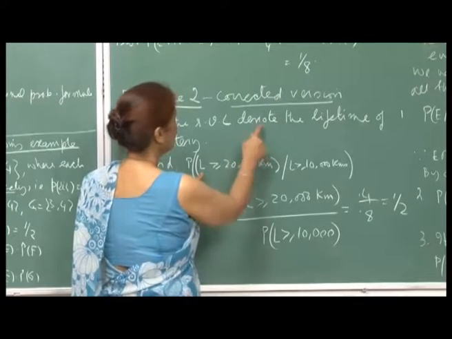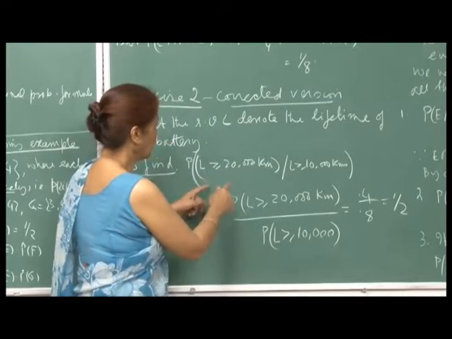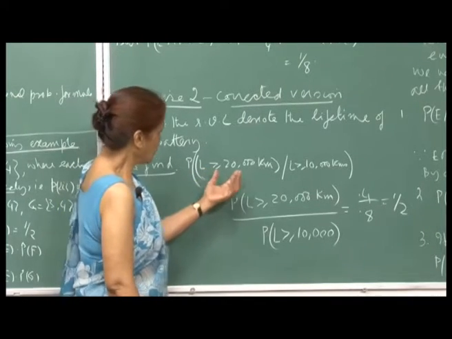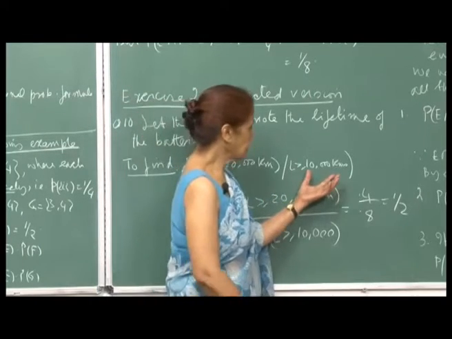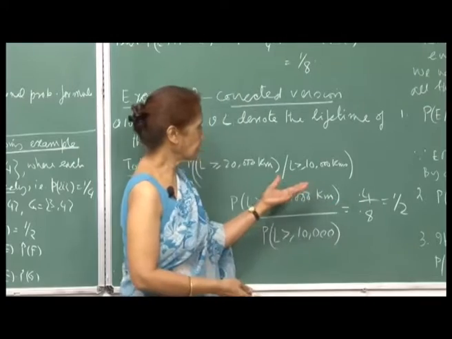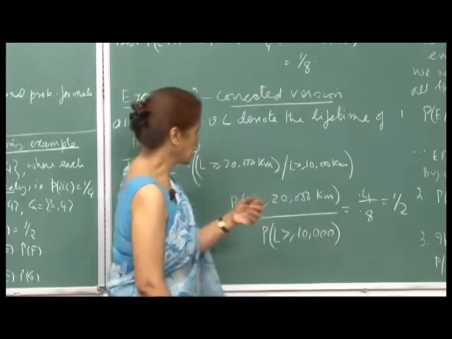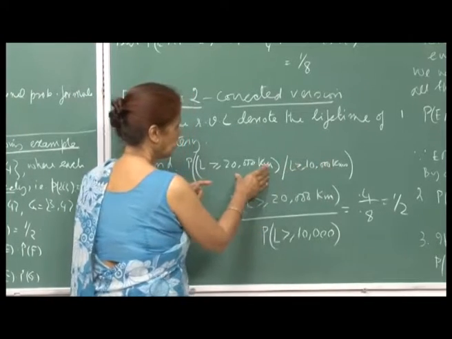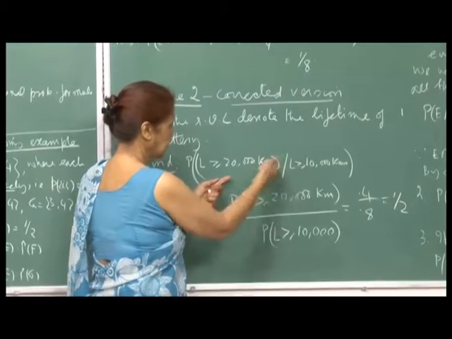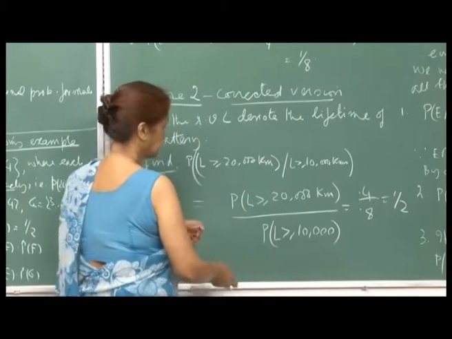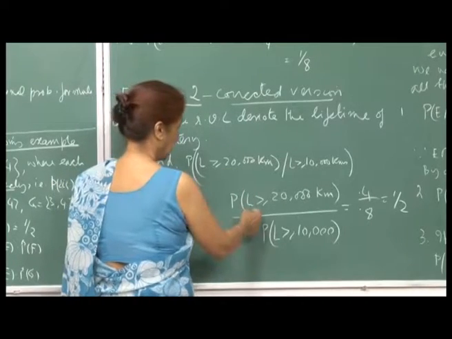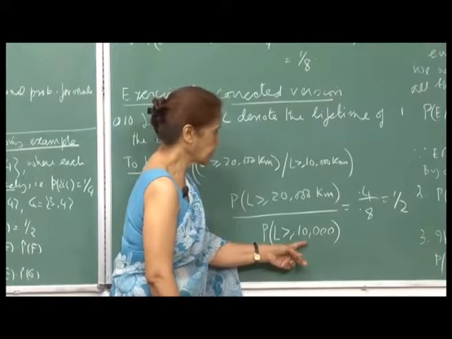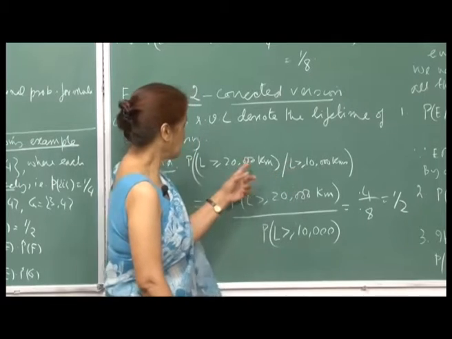If I let L denote the lifetime of the battery, we want to compute the conditional probability of the event that the lifetime is more than 20,000 kilometers, given that the battery is already 10,000 kilometers old, it has run that much. By the formula, when you take the intersection of these two events, obviously one is a subset of the other, and therefore the intersection simply becomes L greater than or equal to 20,000 kilometers.